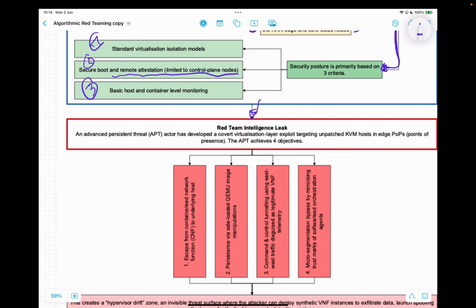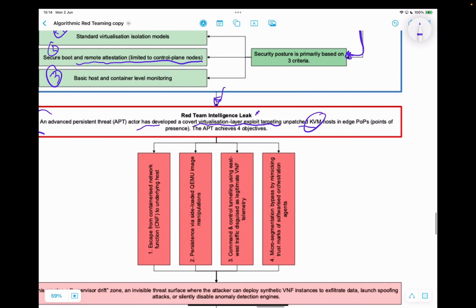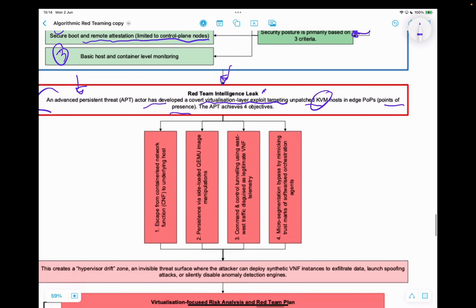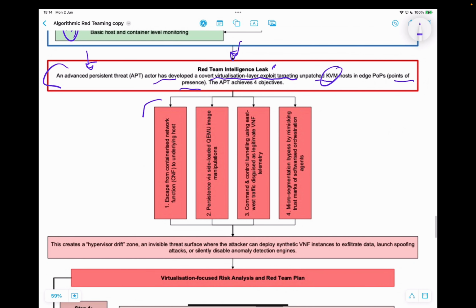So the red teaming intelligence leak: we have an advanced persistent threat actor that has developed a covert virtualization layer to exploit, targeting unpatched KVM hosts in edge points of presence. This advanced persistent threat is trying to achieve 4 key objectives. First, to escape from containerized network functions to the underlying hosts.